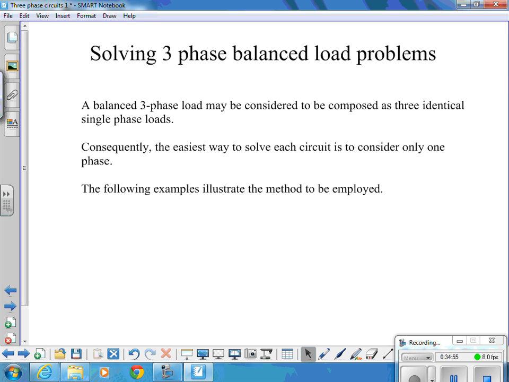So what about this problem then? This is solving three-phase balanced load problems. A balanced three-phase load may be considered to be composed of three identical single-phase systems.